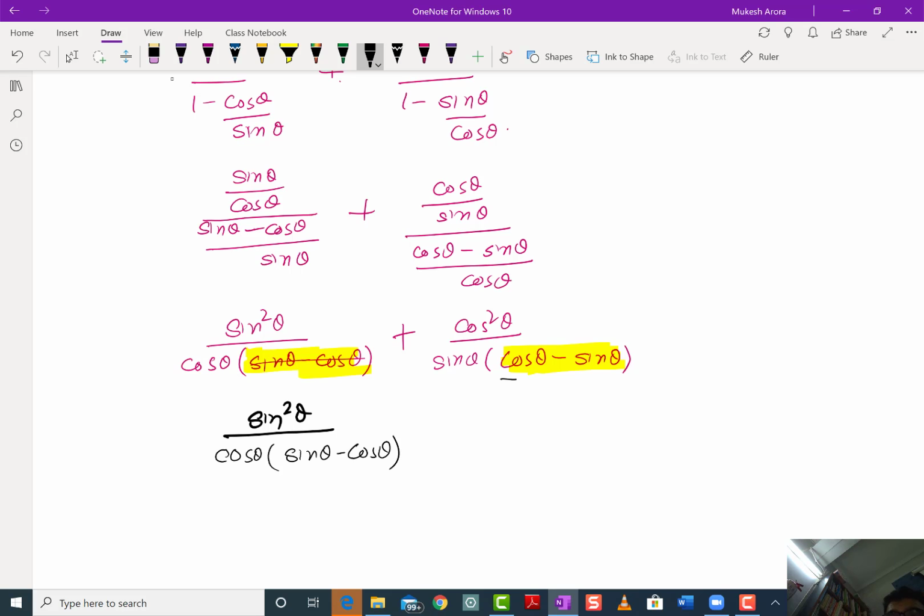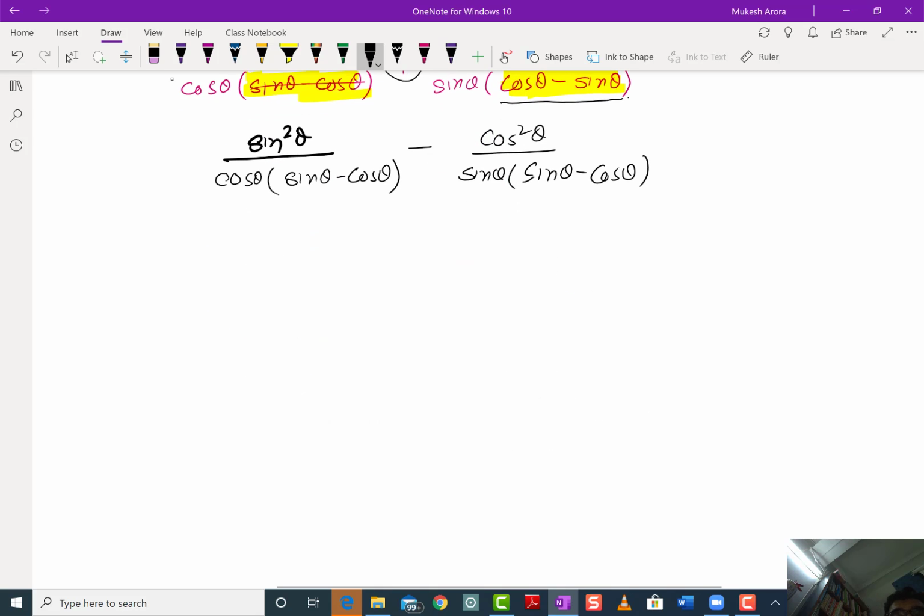From here we will take minus common. This is plus, this will become minus. Cos square theta upon sin theta into sin theta minus cos theta. Now again we can take the LCM. LCM will be sin theta cos theta into sin theta minus cos theta.